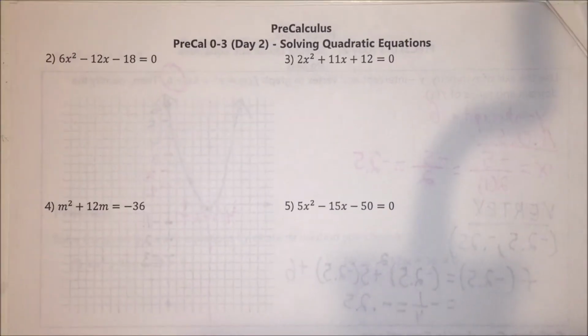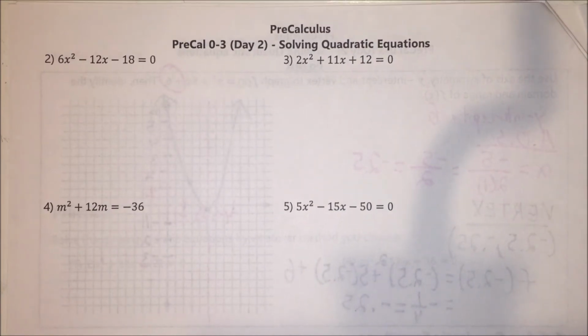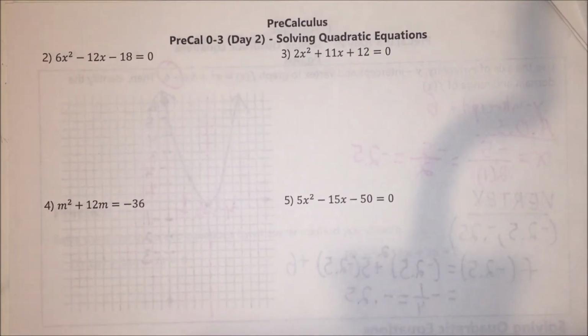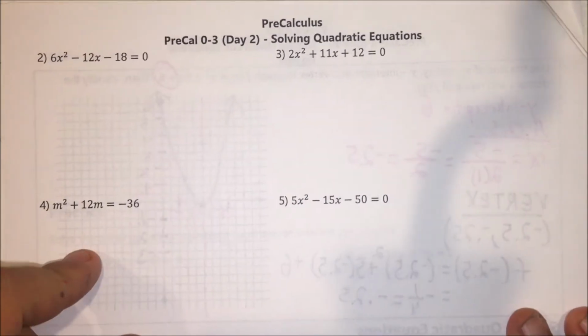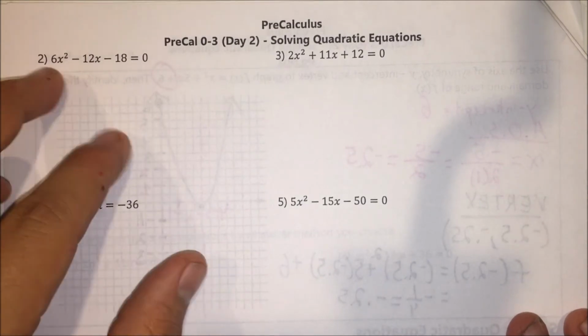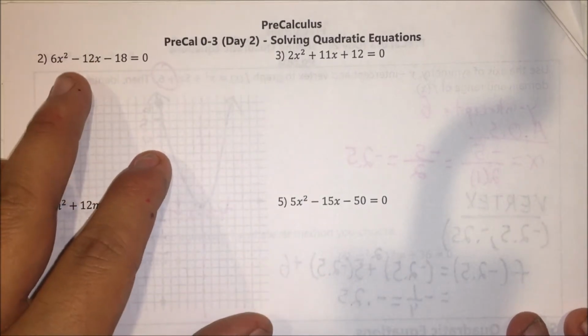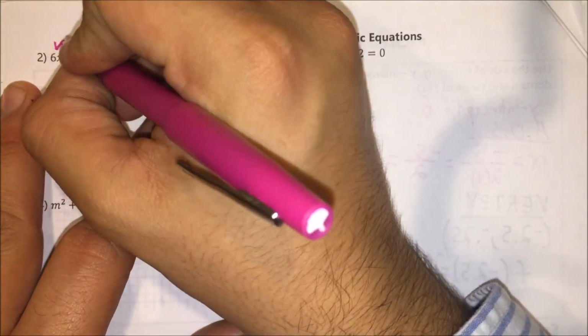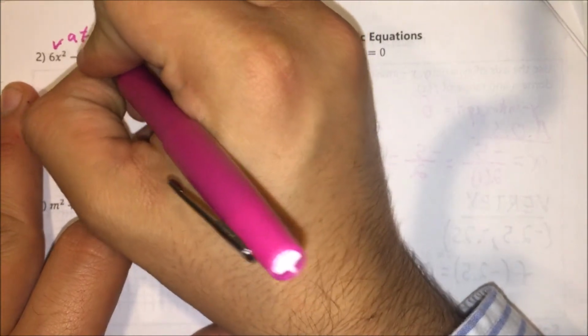Okay, so let me show you two other ways that we can factor quadratic equations. So another way we can do this is actually factoring numbers out. So one thing we need to notice, let's look at number 2, is that a is not equal to 1.